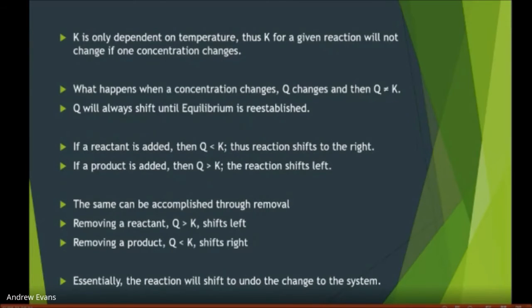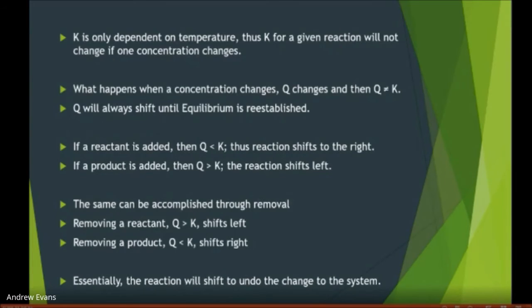When Q is less than K, what happens? It has to shift towards products to replace it, to increase back up to K. If I add a product, I add to the numerator, Q is greater than K. So what's got to happen? We're going to go from products back into reactants until Q equals K again.